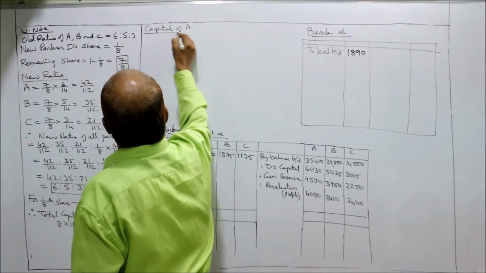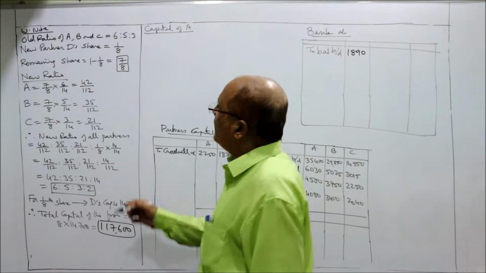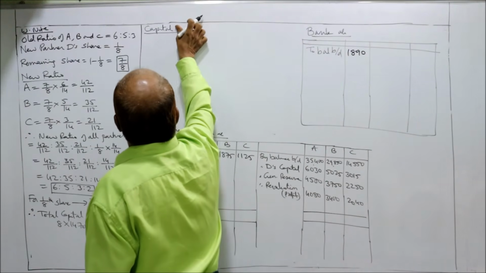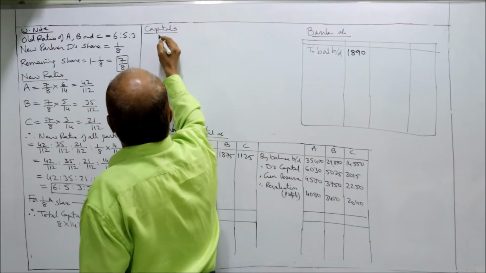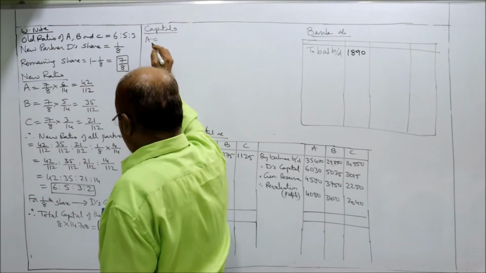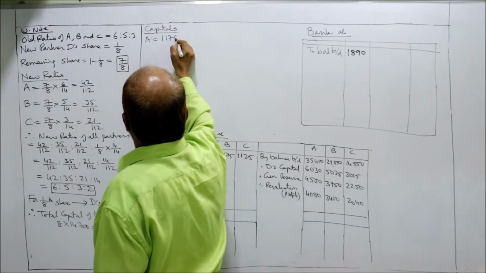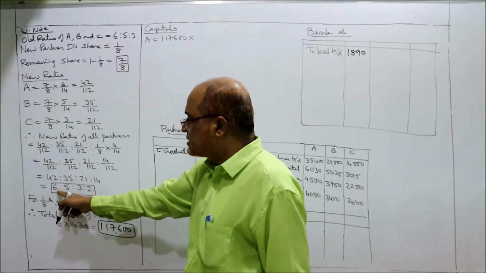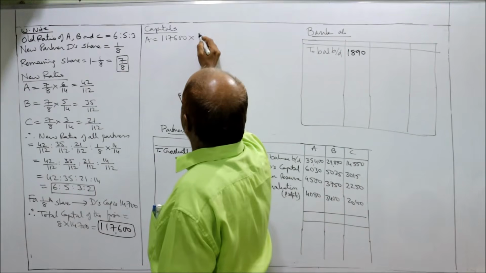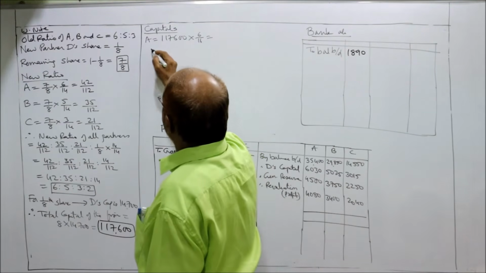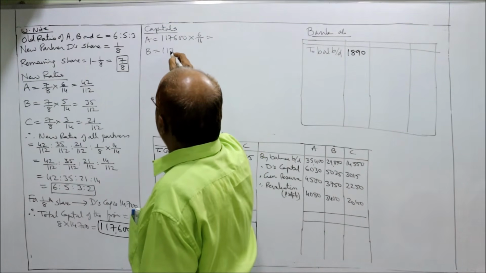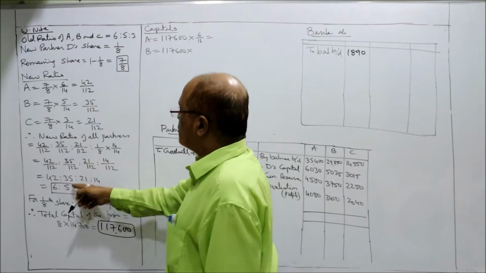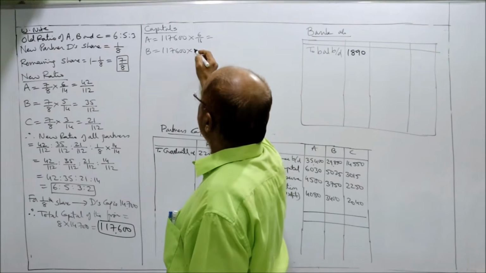Capital of A is equal to 1,17,600 into, what is the profit sharing ratio of A? 6 by 16. B is equal to 1,17,600 into 5 by 16.